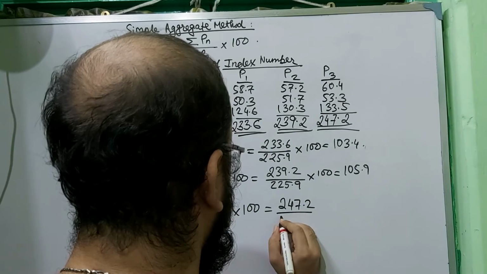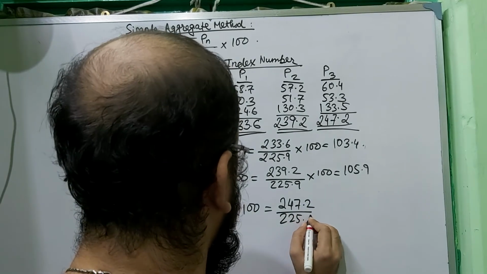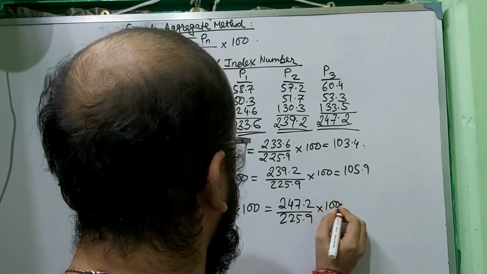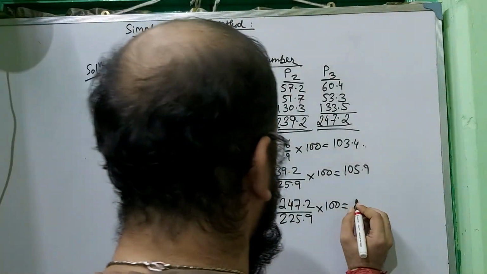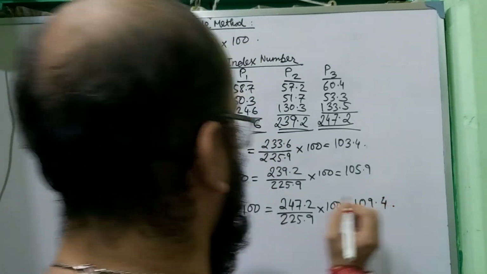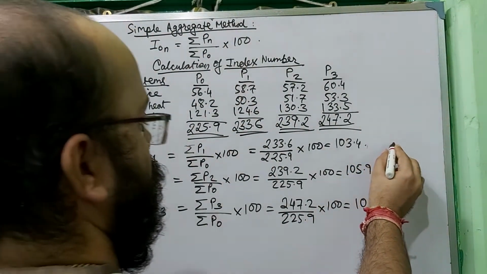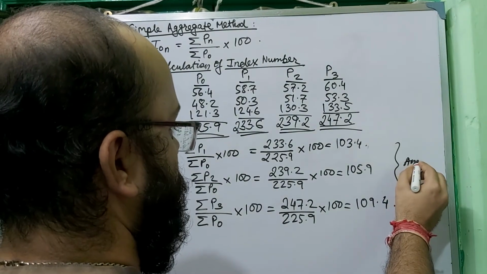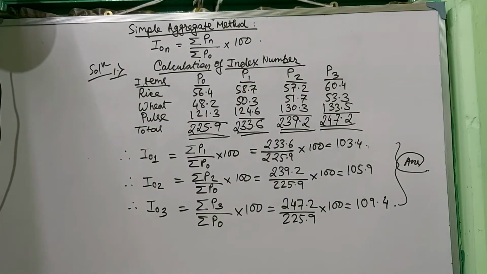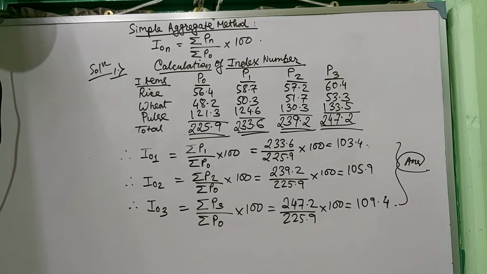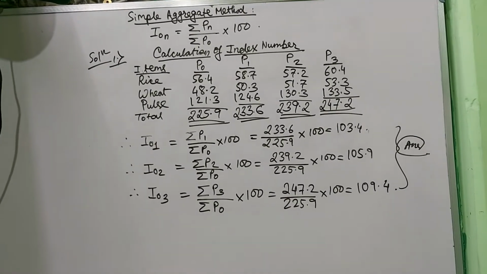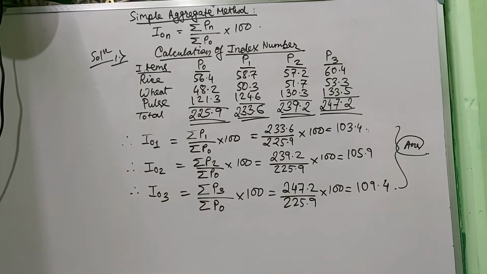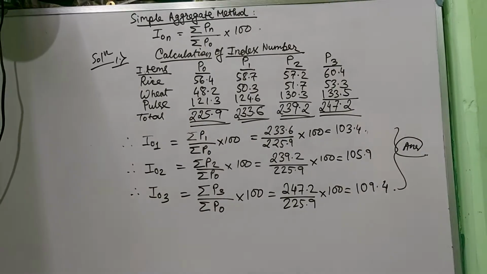If I take 1983 with 1980, then the price index number becomes 109.4. So these are the answers. You need to follow this while doing this method.